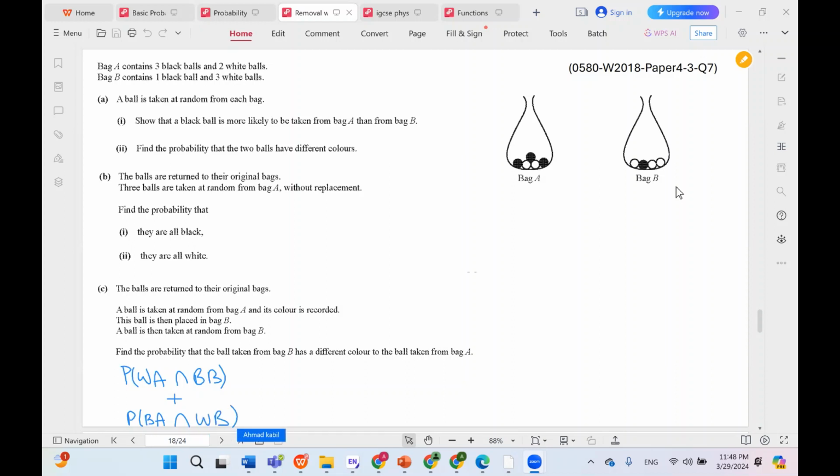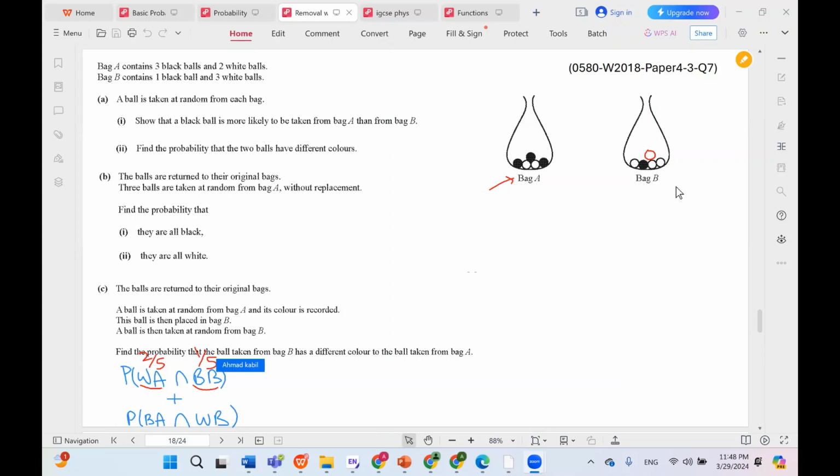Now, the probability of taking a white ball from A is 2 over 5 because we have 2 white balls out of a total of 5, as we said before. Now we take the white ball from A and we add it to B. So now we have an extra white ball in B. And we want to take a black ball from B. So probability of getting a black ball from B is now 1 out of a total of 5 instead of 4.